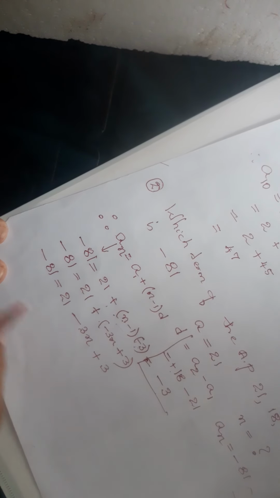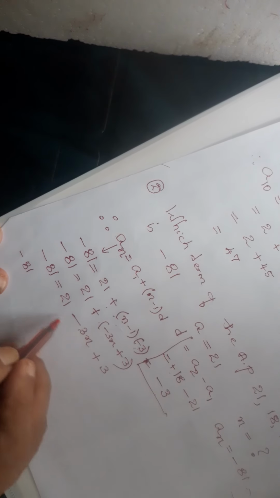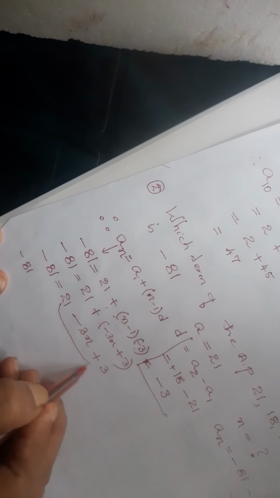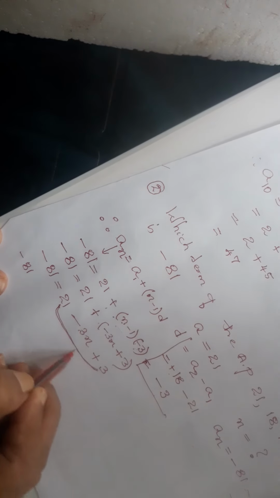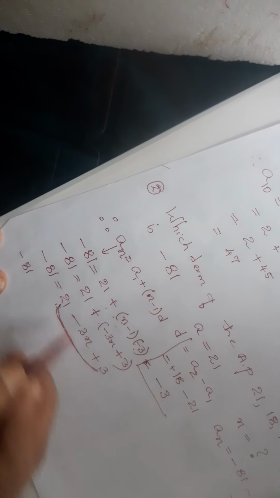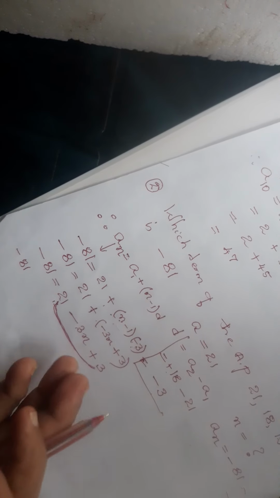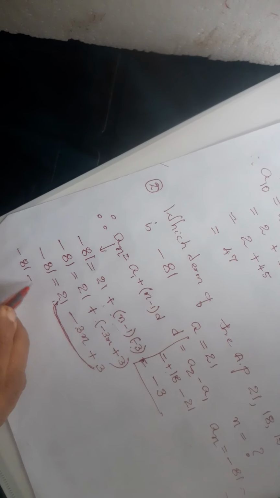Now I am going to put all the numbers on one side. So minus 81 is already here. Then 21 plus 3, I am marking here, see. 21 plus 3 is 24. There only I can add and then bring it this side. So minus 24 it will be.